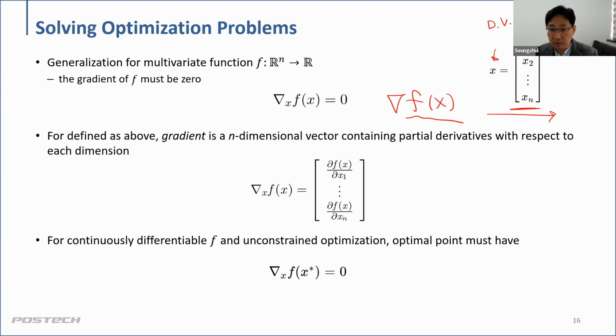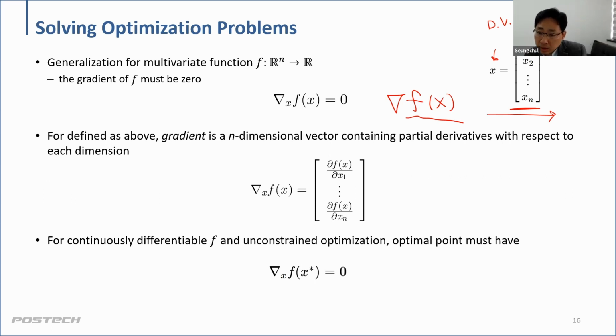What's the definition of a gradient? I assume you all learned the gradient in calculus, as freshmen or juniors. But if you don't remember, it's okay, don't worry about it. So let's think about f of x, the objective function, with many decision variables instead of one.